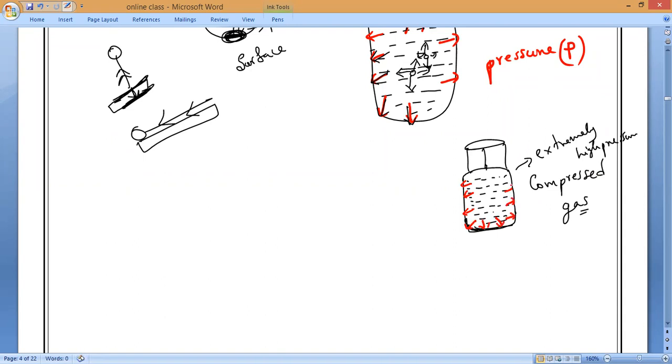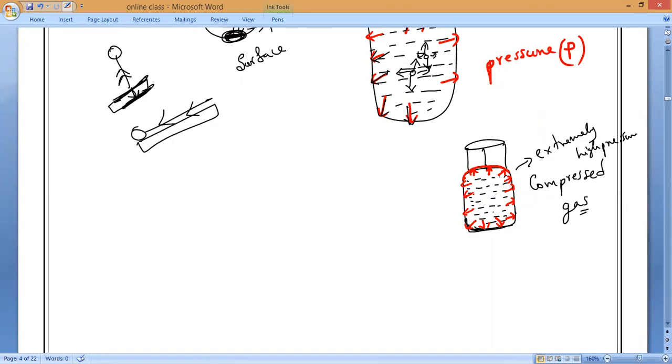Every particle is exerting pressure on the walls of this container and trying to escape out. That is their property, because they are not rigid in nature and don't have a definite shape. So every fluid, whenever you store it inside a container, will exert pressure among themselves and on the walls of the container. Do you understand, guys?